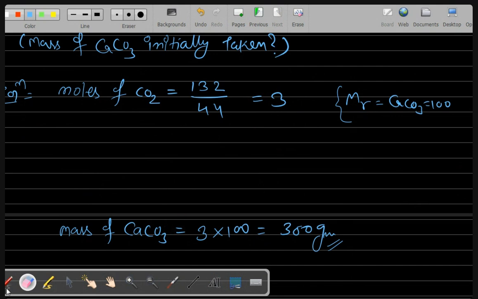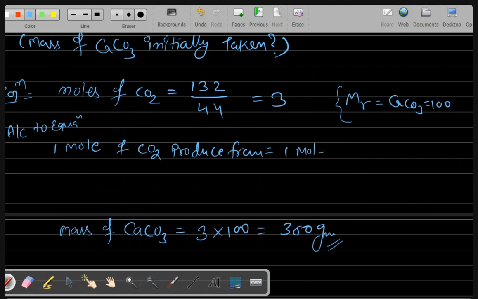We can write like this: according to the equation, 1 mole CO2 is produced from 1 mole calcium carbonate.